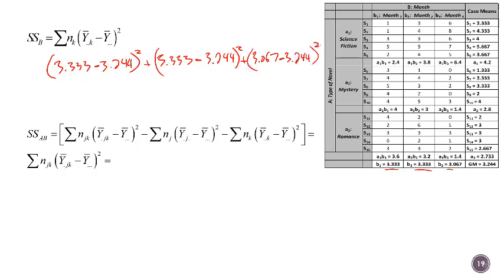It's a little bit more straightforward: there are 5, 10, 15 things going in there, so we're multiplying this by 15 as well, to get our B.